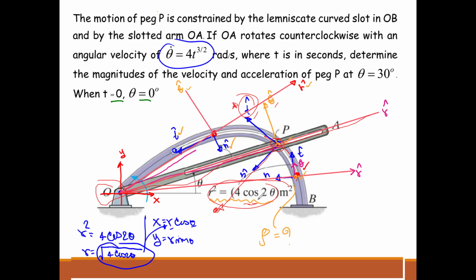And in normal and tangential also, because in this case you don't know anything about the velocity magnitude and acceleration magnitude. You only know the path function, which is not in normal and tangential direction. It is in the r and theta coordinate. So it is not convenient to solve directly in normal and tangential direction at first.